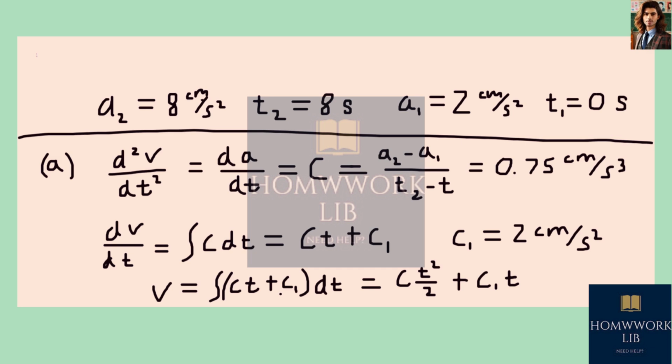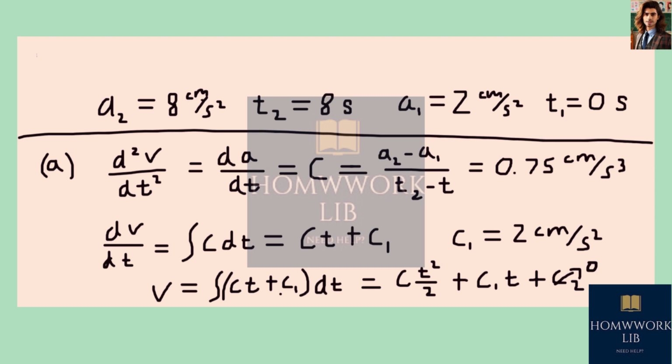But at t equals 0, the velocity is 0, and that's only true if c2 is equal to 0. The velocity at time t equals 0 is 0 because the stone starts at rest, so c2 is 0.